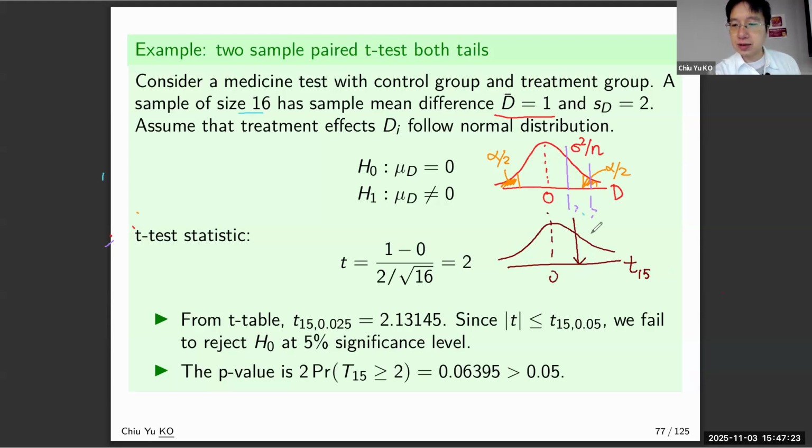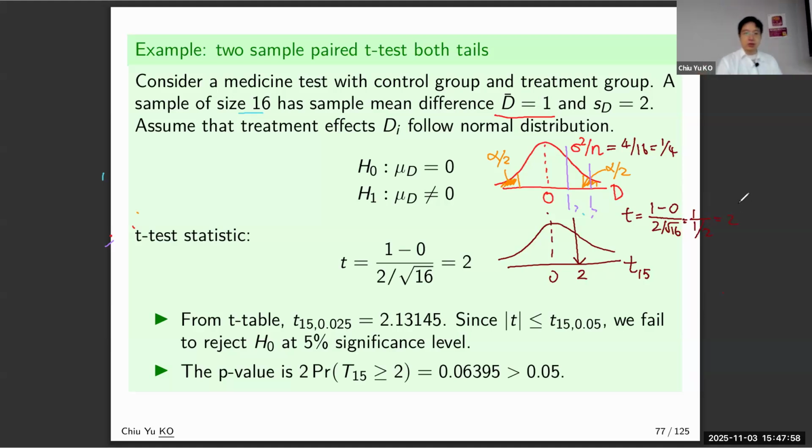The t statistic is 1 minus 0, how far away from the mean, over the standard error, which is 2 over root n. Okay, n is 16, so root n is 4, and 2 over 4 is 1/2. So this is 1 over 1/2, which is 2.